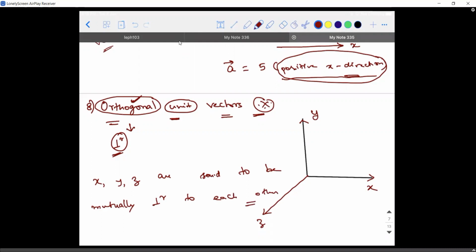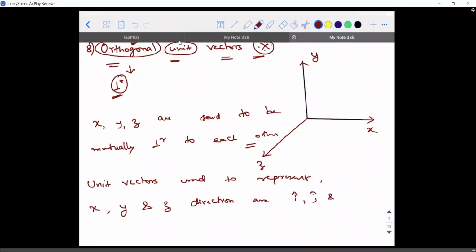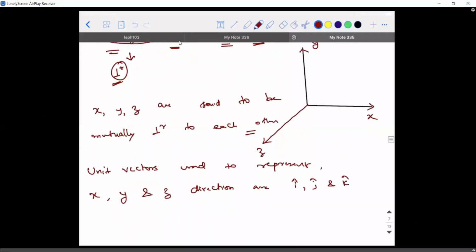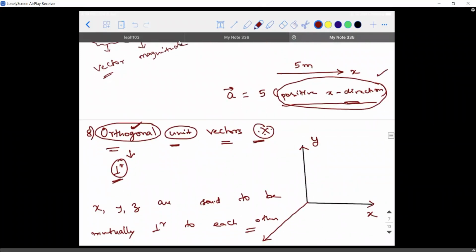Okay, before that, I want to say the unit vectors used to represent the x, y and z directions are i cap, j cap and k cap respectively. So a vector is equal to 5 in the positive x direction.